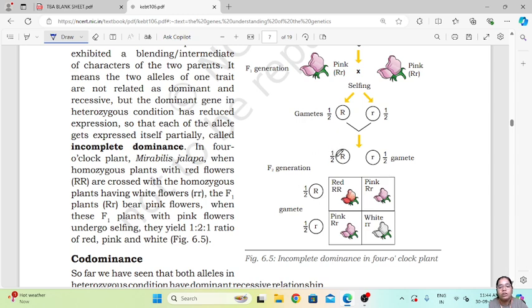If it could dominate fully, the flowers would be either red or white, but they have turned pink, so it is called incomplete dominance, wherein the alleles get expressed partially, not fully.